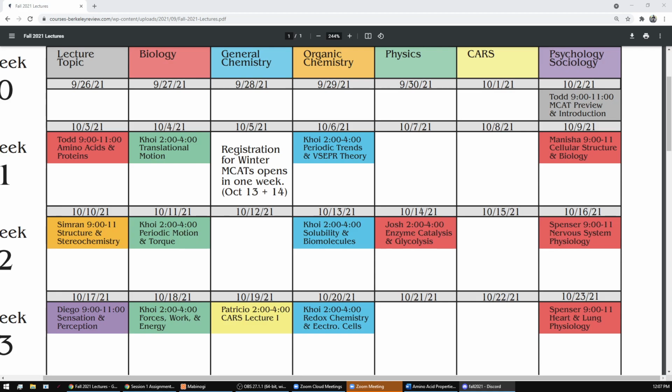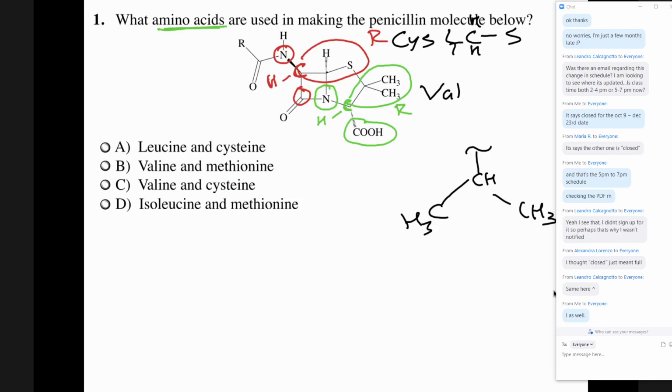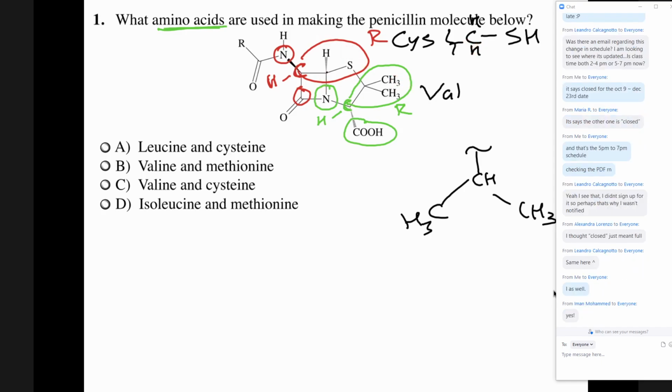This side chain has an H and an H and an H. Okay. Does that make sense? So for everyone to see this one again, does it make sense that you're breaking it down into looking at what the R group is here, the R group is there? So valine and cysteine.